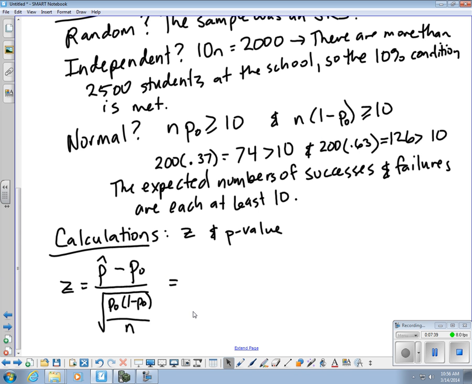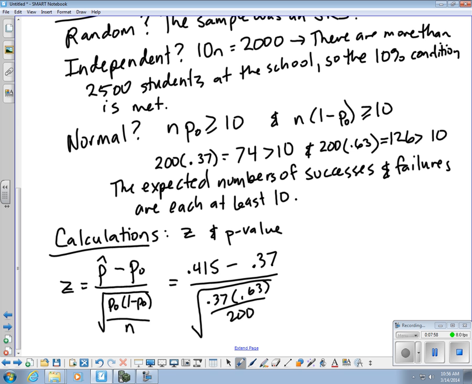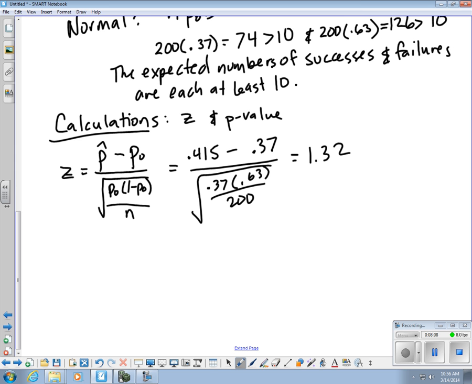So now we're going to copy down the key information here. 0.415 was our sample statistic. 0.37 is our null hypothesis value, 0.63, 200. You don't even really need to calculate out this standard deviation of the sampling distribution because we don't really need that in itself. We can just give the z-statistic, 1.32.